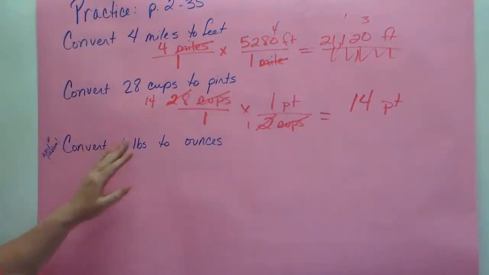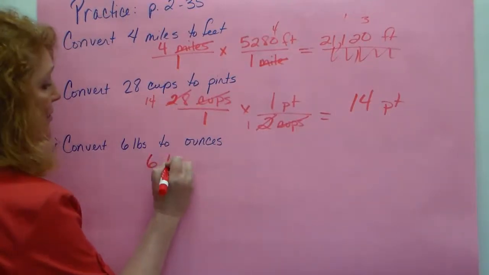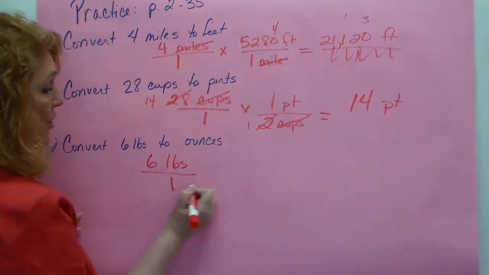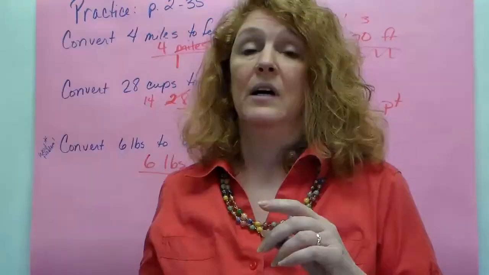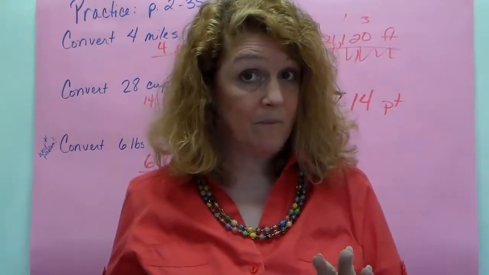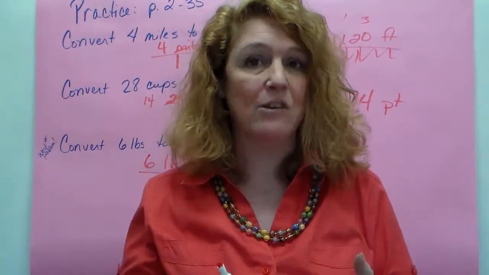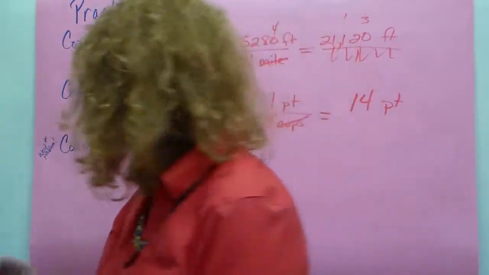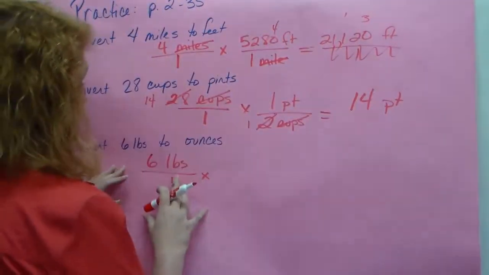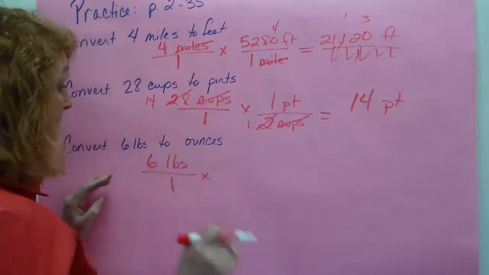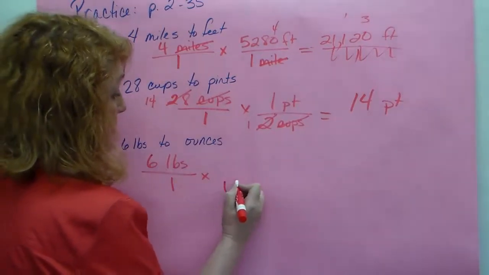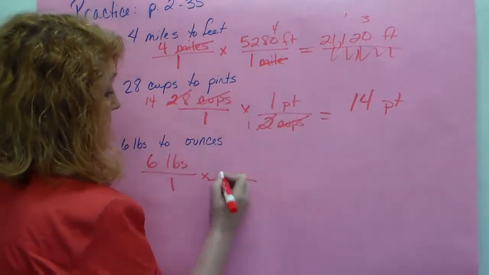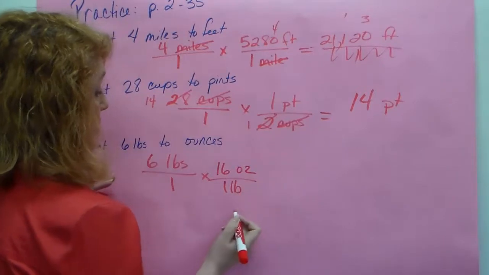So I'm going to start with the 6 pounds that I have and put it over 1. And I'm going to multiply it. I know that in weight, there are 16 ounces in a pound. So 1 pound is 16 ounces. I'm going to put 1 pound on the bottom and 16 ounces on top.